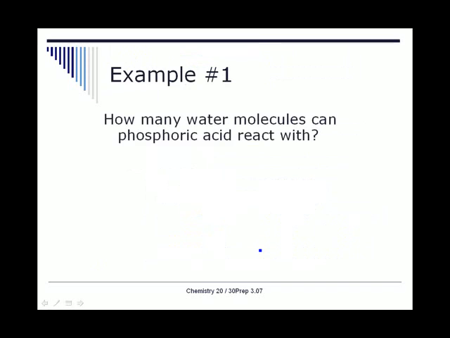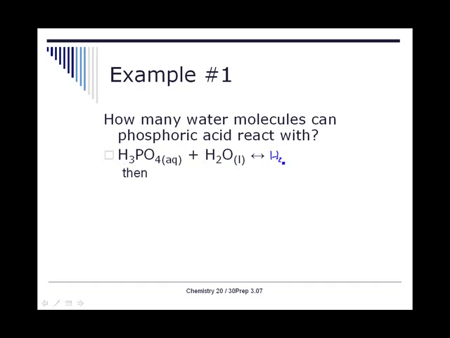So here's an example of what we're talking about. If we take a look at something like phosphoric acid, H3PO4 is phosphoric acid. So it's going to react with water. When it does, it loses 1 hydrogen ion.